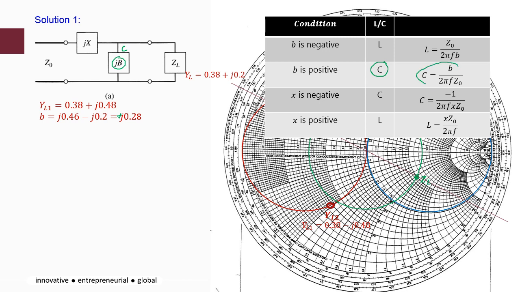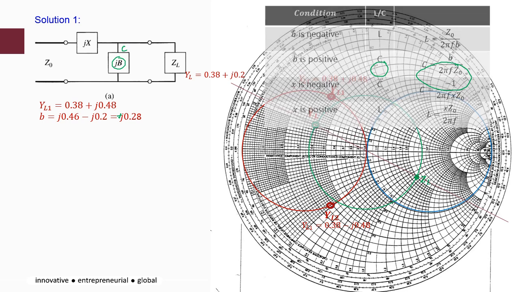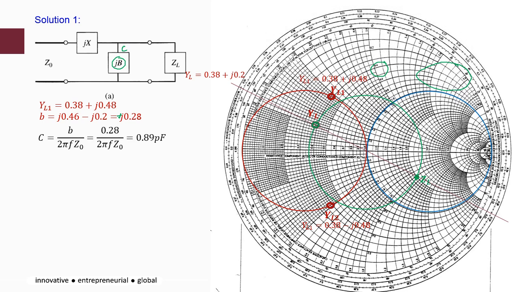You use this equation. With B equal to positive 0.28, Z0 equal to 100, and F equal to 500 megahertz, we get the capacitance value. In this case, the capacitance value for this position is 0.89 picofarad.